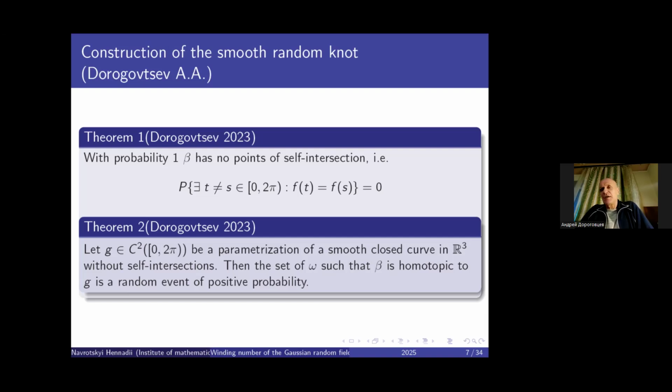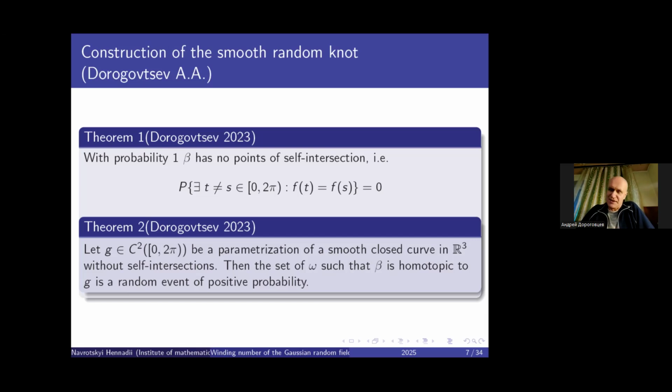And we have estimations, for example, that the Möbius energy of the knot gives us an upper estimation of its complexity. So when we have the moment of the winding number, we can say something about the Möbius energy of this knot. So we can say something about its physical characteristics.